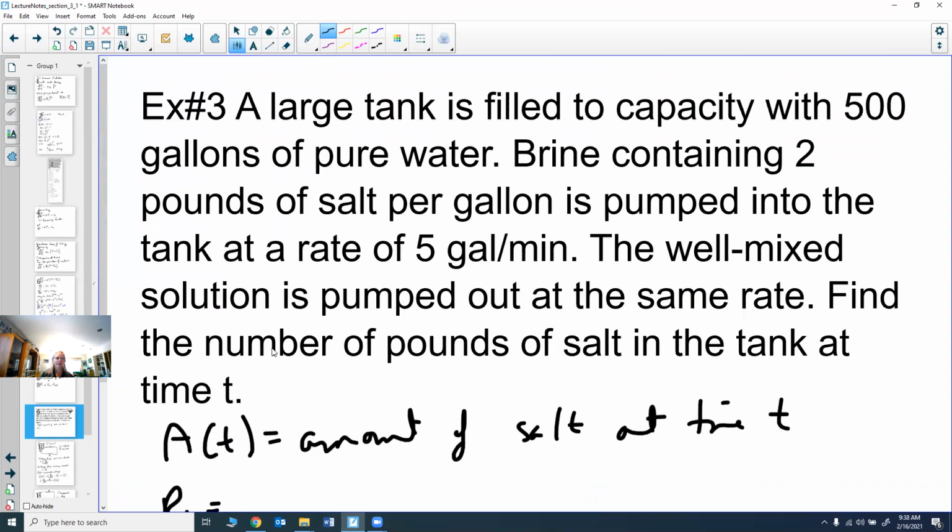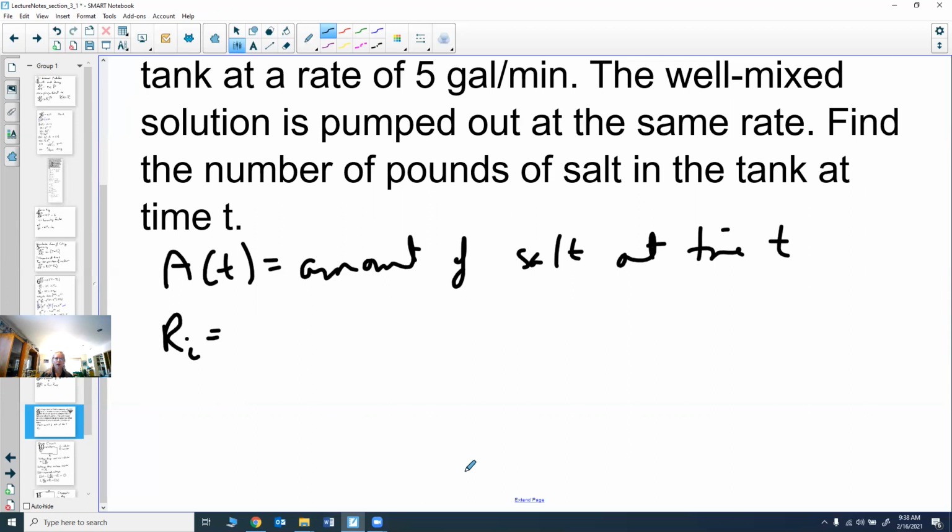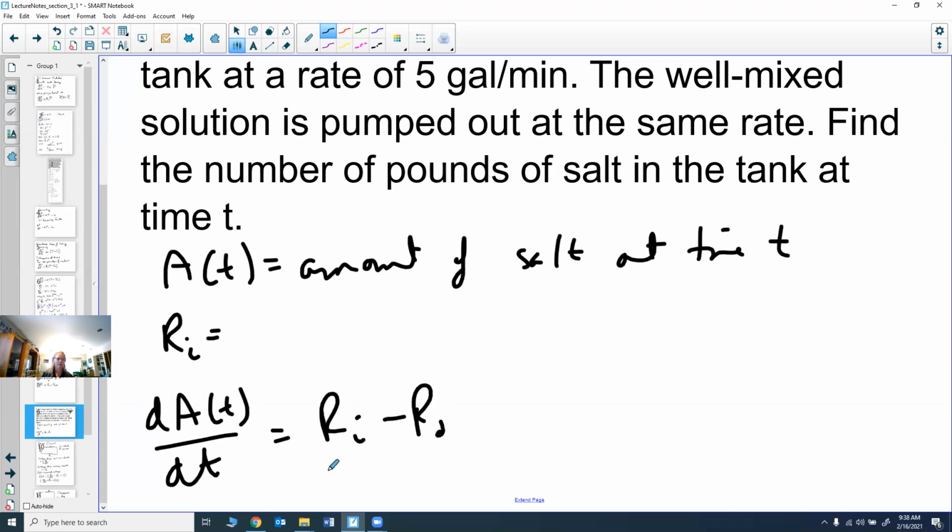Remember, I'm looking for dA/dt, and that's my rate in minus my rate out.